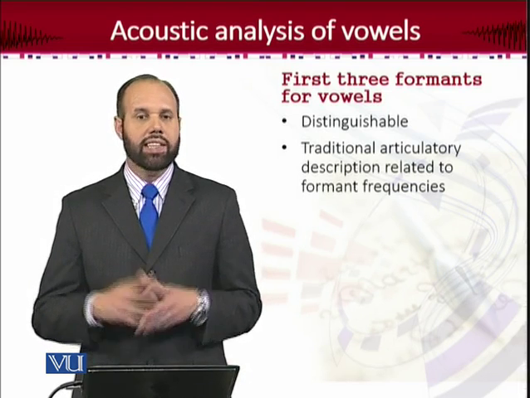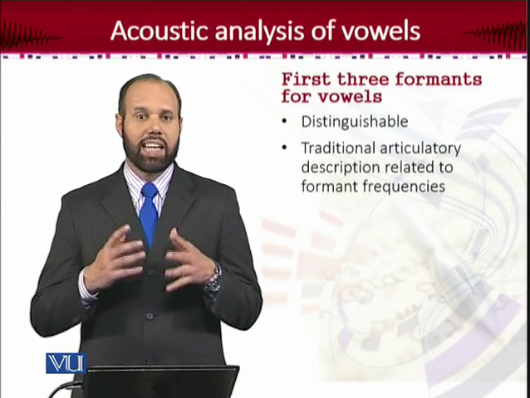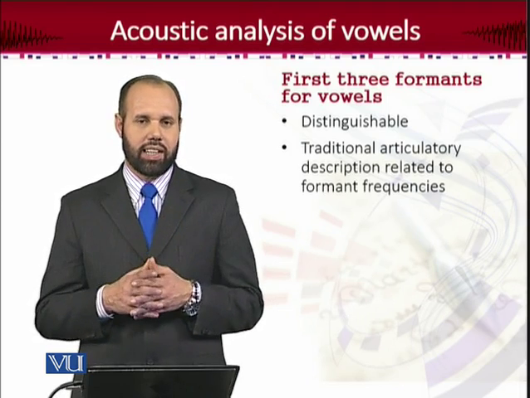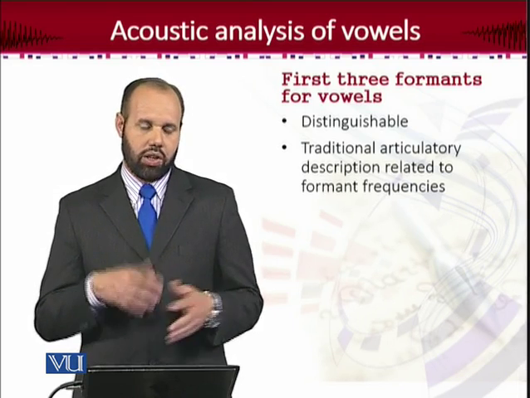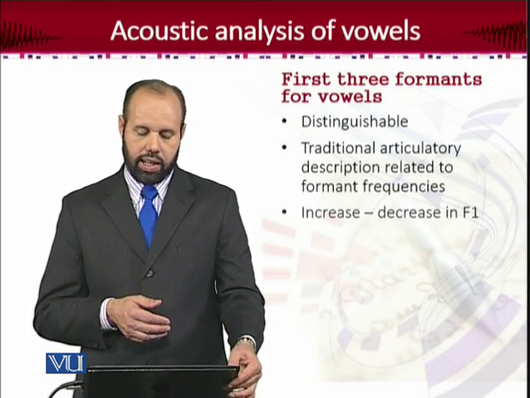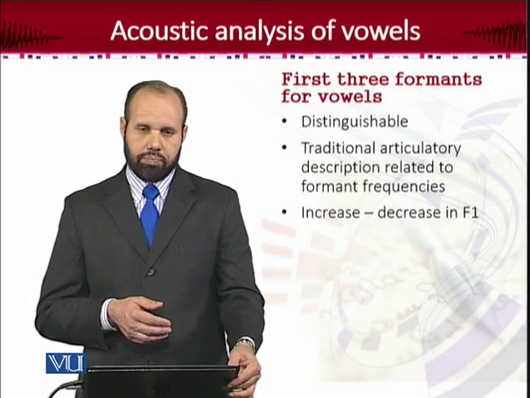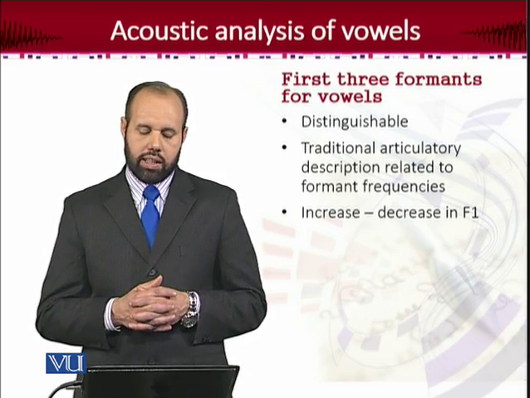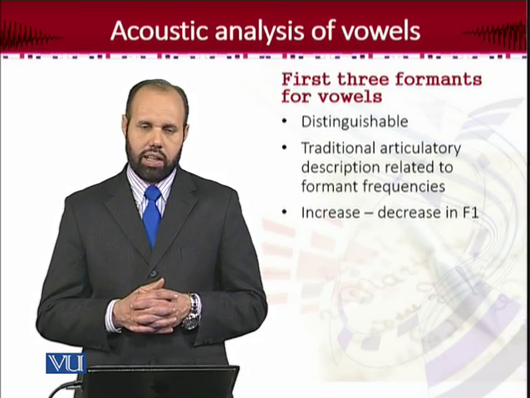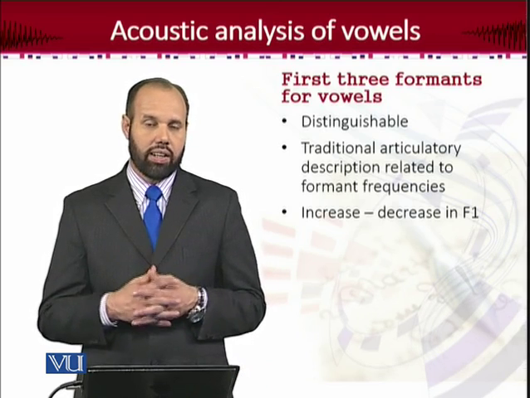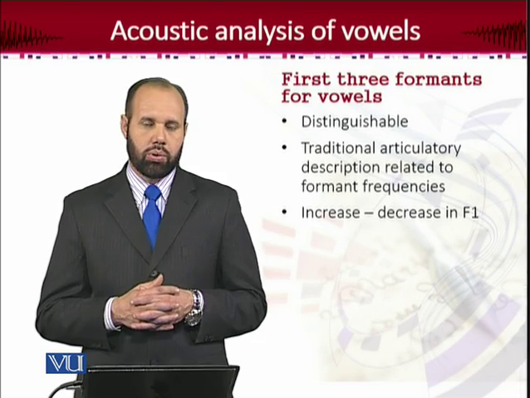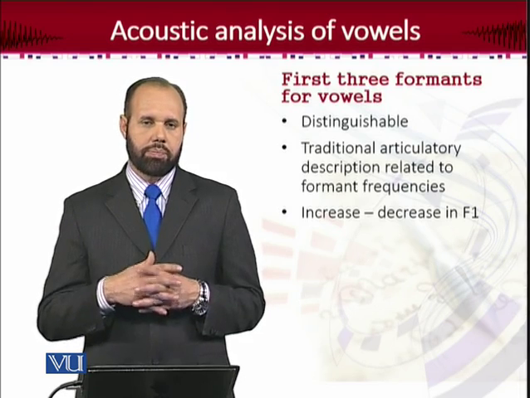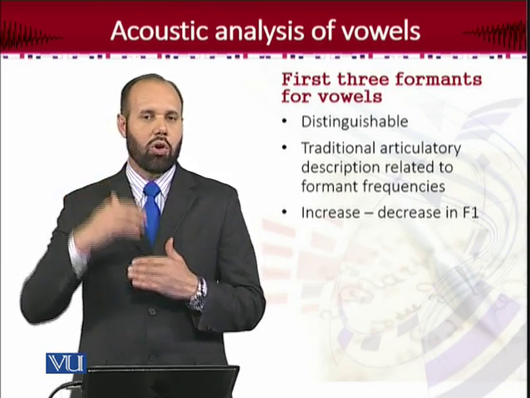So further developing this concept and relating it with the traditional articulatory description of vowels, we need to create a connection. And luckily, there is a very interesting and very positive connection, which we can further evaluate and analyze, right? So there is one hint that the increase and decrease in F1, the formant 1, is something related to the high and low position.